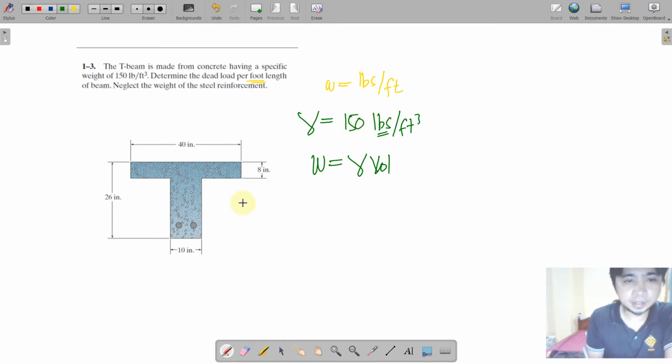So in this case, we'll just have to determine the area first, because per foot of length we'll just have this one. Okay, so we're going to have a 1 foot strip out of this cross-sectional area, and then compute for the area.